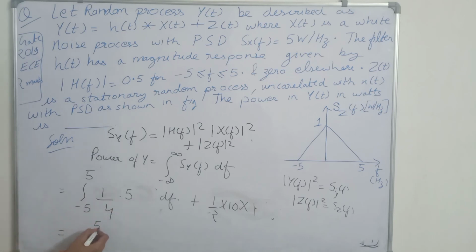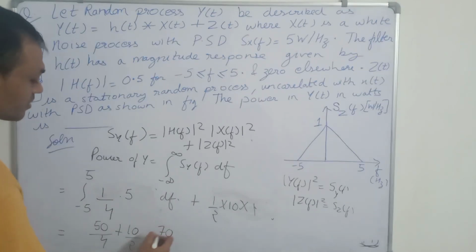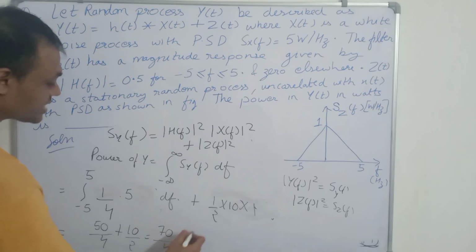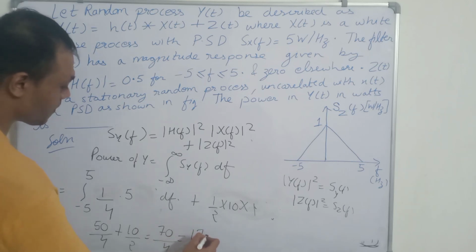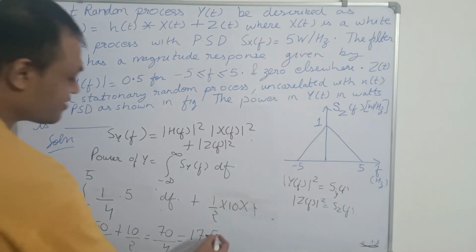So 50 by 4 plus 10 by 2. So this will be equal to 70 by 4 or 17.5. So the correct answer is 17.5. The power of y is equal to 17.5 watts.